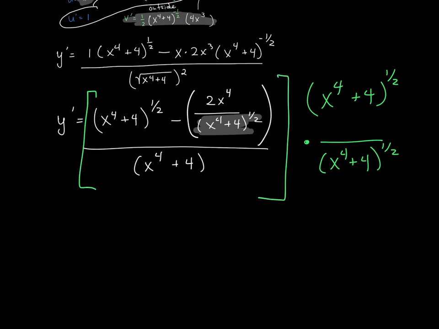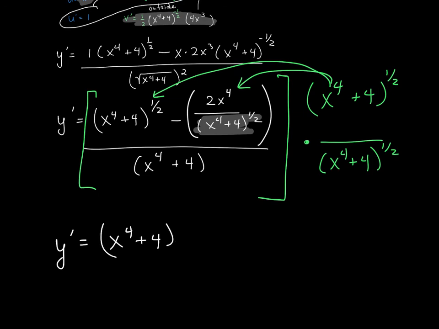When I go through and do that, I'm multiplying it by both terms in the numerator. When I do that, what I'm left with is y prime is equal to x to the 4th plus 4. Now, what's happening here is both of these on the inside are the same.